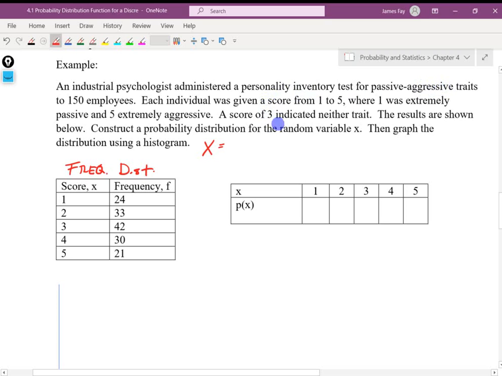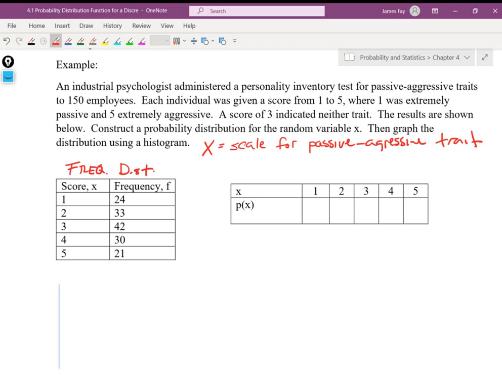So we would want to word this as somehow identifying that X is representing the placement of a person on the scale for passive-aggressive traits.